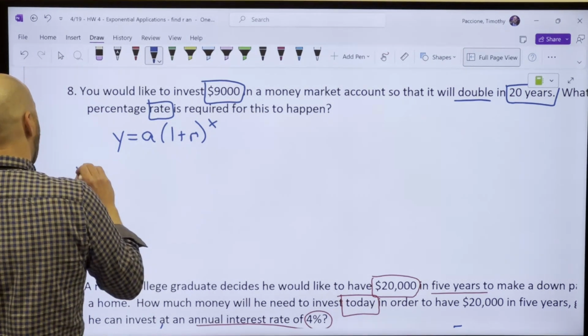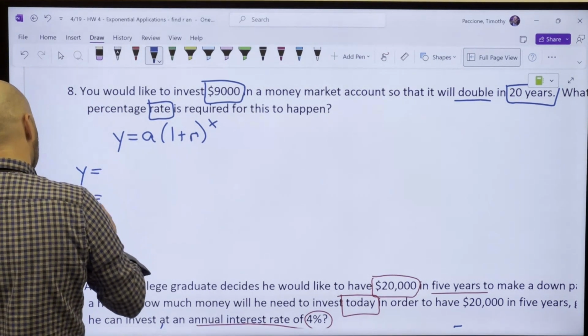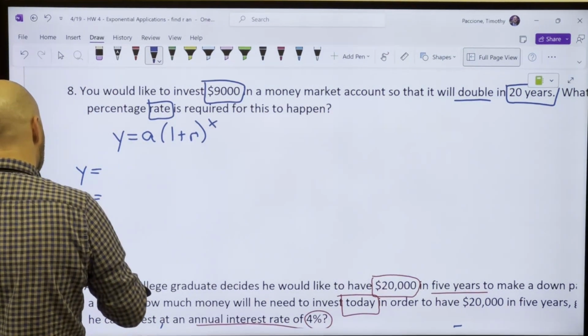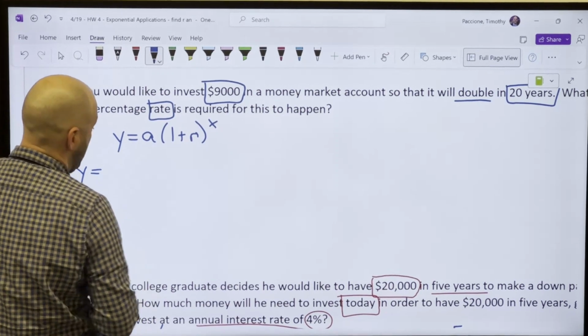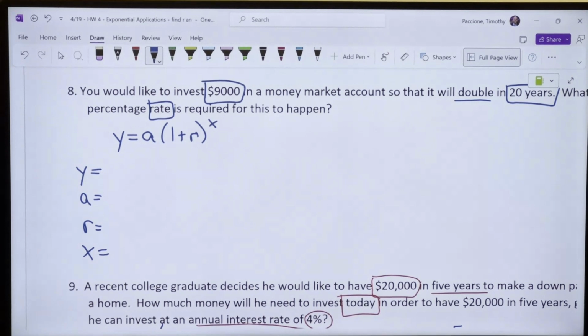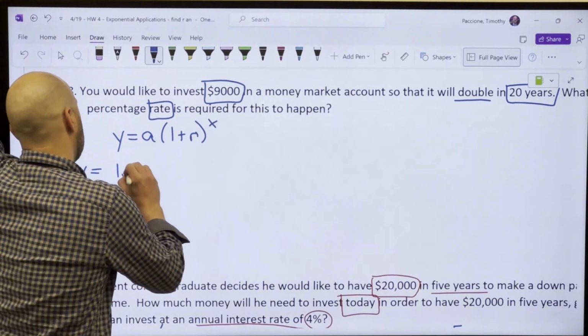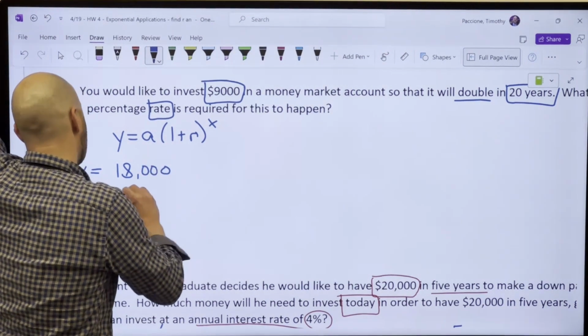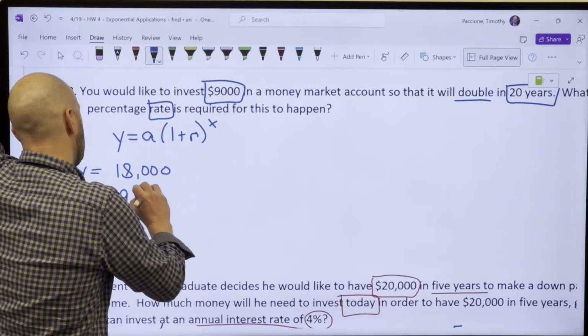Y, a, r, x. We would want $9,000 to double 20 years from now. Double 9,000 would be 18,000, so that's our final amount. Our starting amount is 9,000.